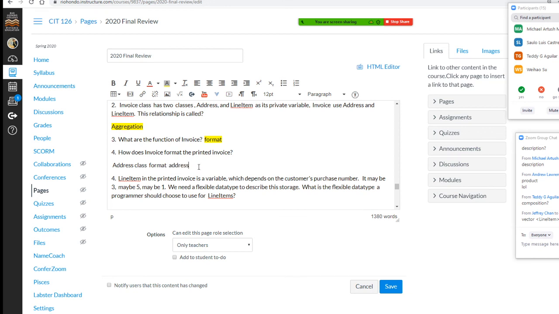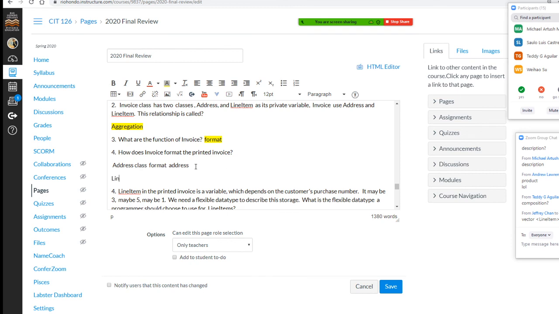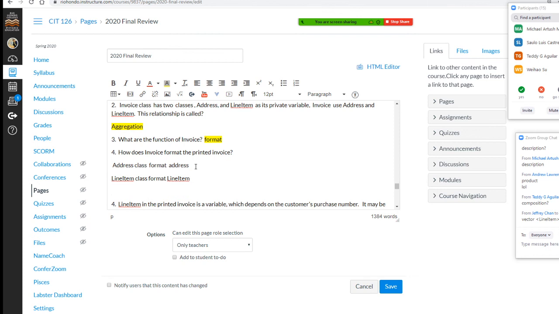The line item class formats line item. All right. Then invoice: format what? Format the big invoice.